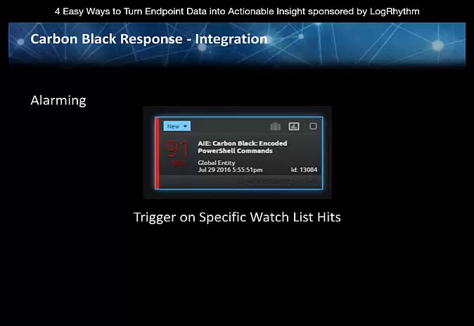Now, Carbon Black does have its own built-in alarming, but the nice thing about being able to pipe these alarms to the SIEM or alarm on certain events is that you can choose how you want to handle these events, what groups you want to have handle them, how you want them triaged, basically. Because in a lot of environments, we have people who may only have access to the SIEM and not necessarily want to grant them access to the full EDR platform, the Carbon Black Response interface.